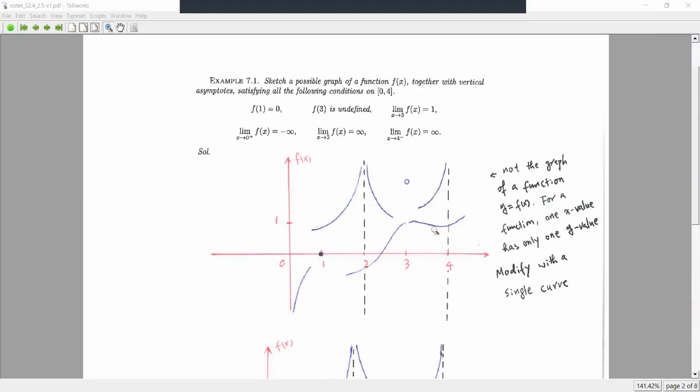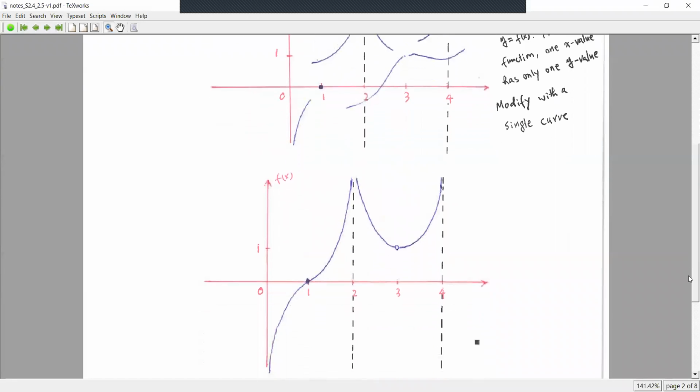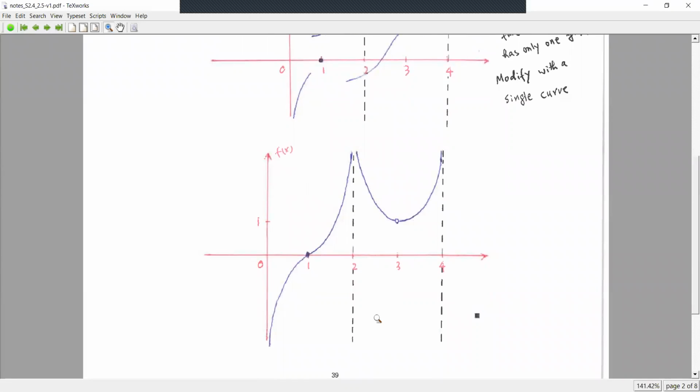This height is one y value, and then from here to here, this height is the second y value. So therefore, this diagram is not the graph of a function. We need to modify this diagram with a single curve. Okay, now this is the graph of a function.